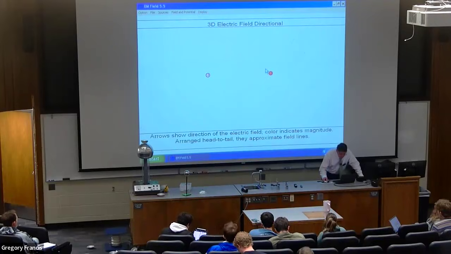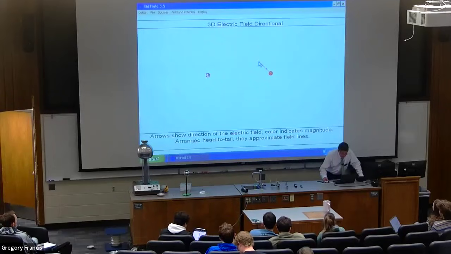Now I'm going to do something. I'm going to start right here at this +5. I'm going to click and create a directional arrow. And then I'm going to march out to the end of that arrow, and I'm going to click again. And then I'm going to march to the end of that arrow and click again, and then to the end of that arrow and click again.